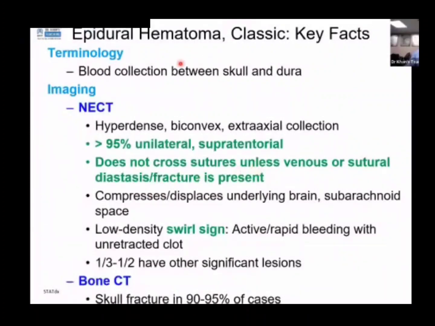So basically, extradural hematoma is a collection between skull and dura, and 95% are unilateral, supratentorial. They do not cross the suture, but they can cross the suture when they are of what we call venous etiology.